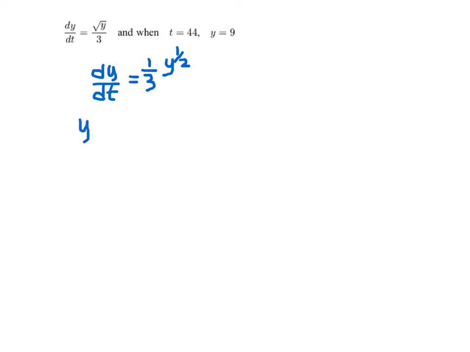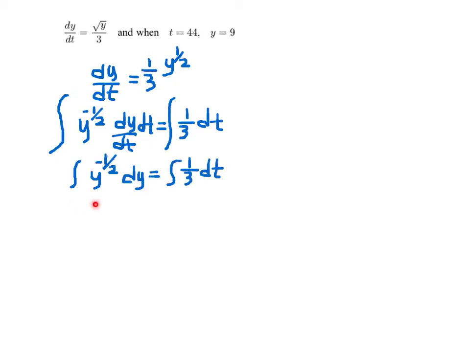This is y to the power negative half, and we multiply both sides by that. This still has dy/dt, and 1/3 still here. What we're going to do is integrate both sides with respect to t, because the independent variable this time is t.